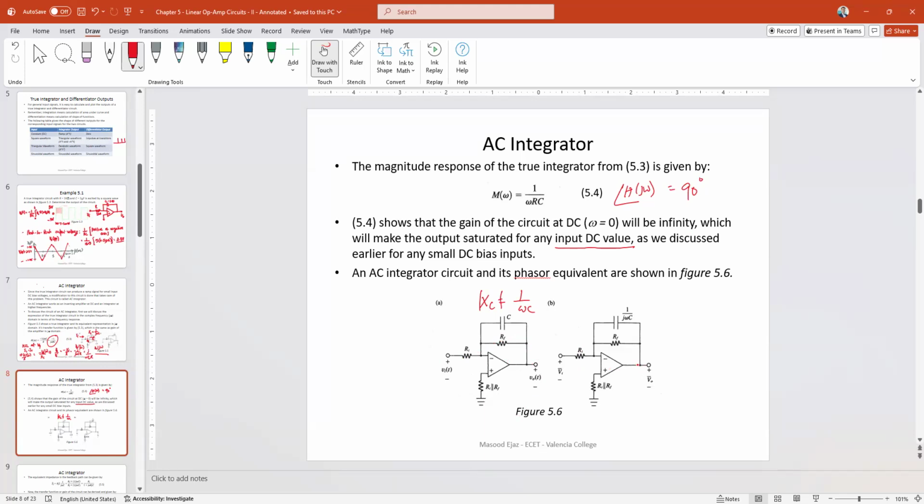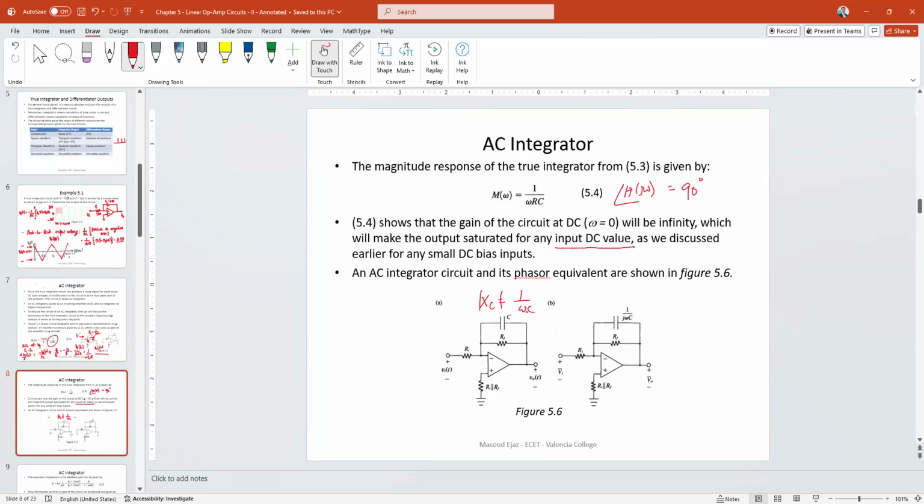So any DC biasing voltage at the input, of very small value, is not going to act as an integrator. It is going to act as an inverting amplifier, and the output is going to be according to the gain of the inverting amplifier to produce the output corresponding to any DC quantity at the input, whether it's a small noise voltage, a small DC bias, or actual DC voltage.